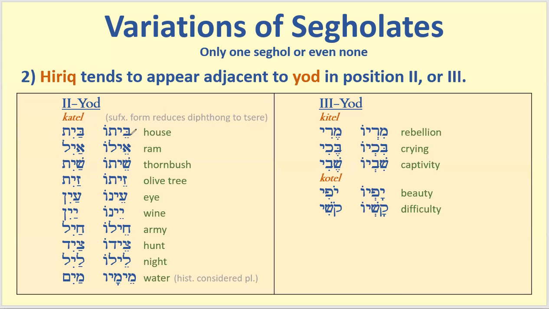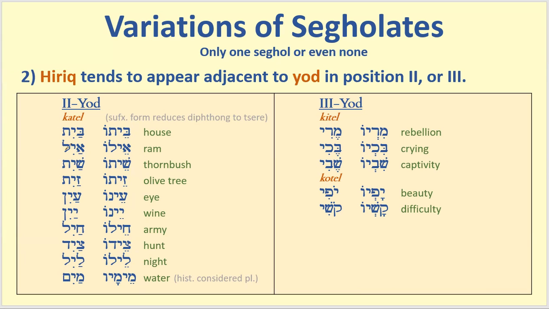Now in the suffixed form, we're going to get what's called a diphthong reduction. So rather than bayito, it actually preserves and prefers beito. And you'll see that pretty much all of these examples take a tzere because of that diphthong reduction.